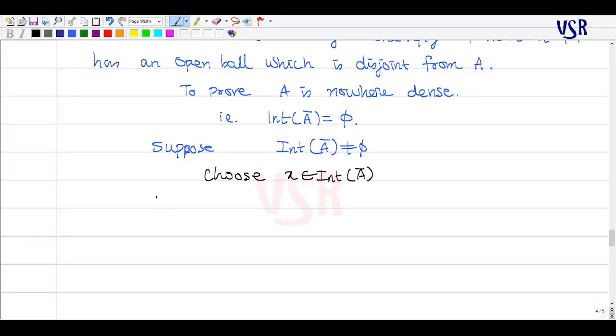Then there is R positive such that ball with the center x radius R is contained in A closure.